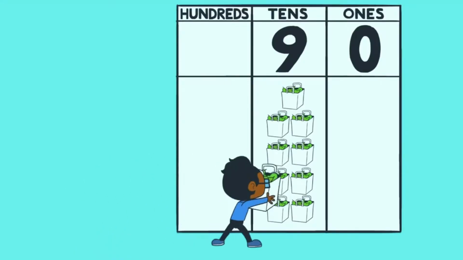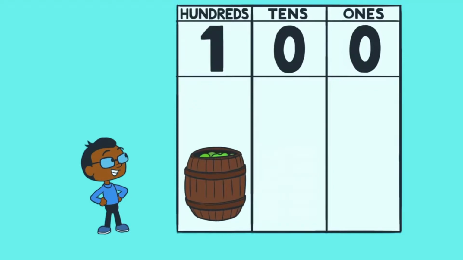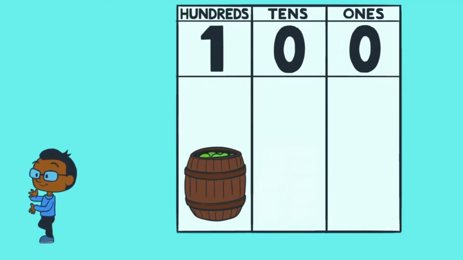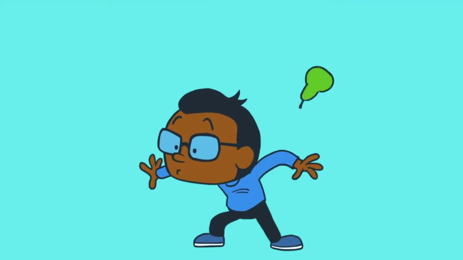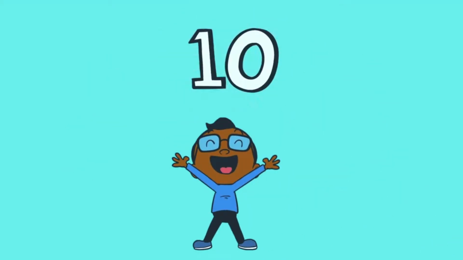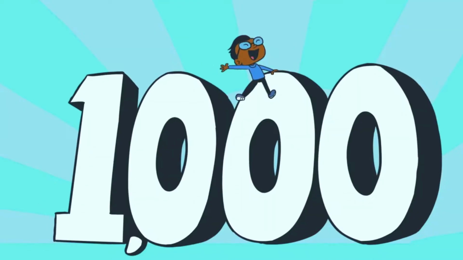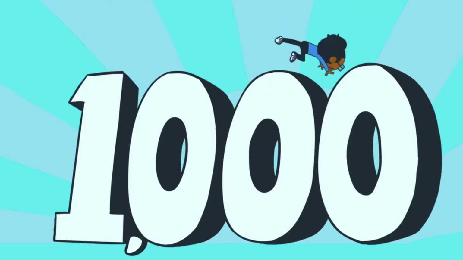So I picked another 10, and that led to one group of 100. The pair bumped me on the head, and I said, 10 ones make 10. 10 groups of 10 are 100. 10 hundreds make 1,000. The pattern never ends.